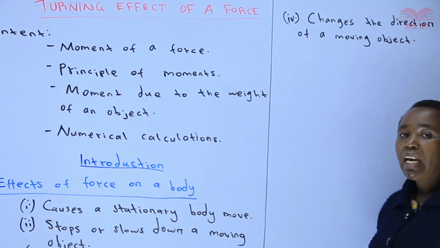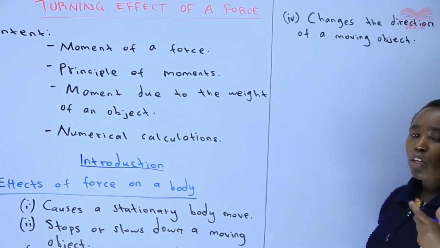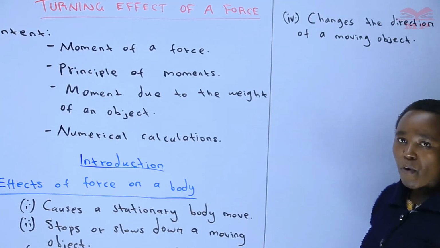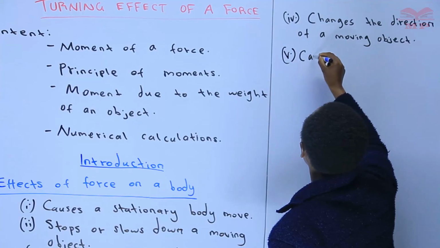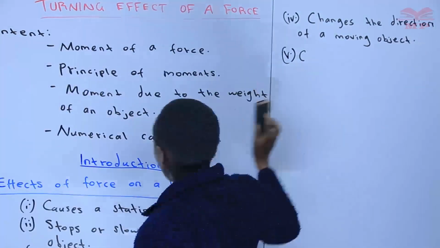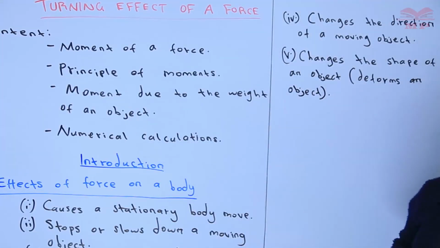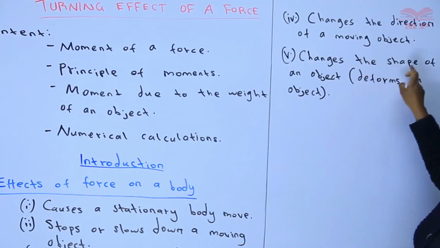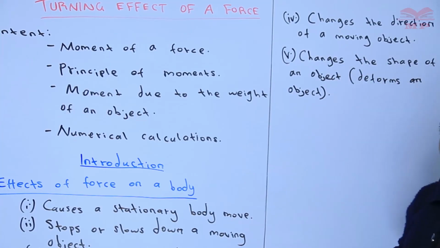So we can say that it changes the shape of an object or it causes what we call deformation. So number 5, it changes the shape of a body. That's another effect of force on a body. It changes the shape of an object or deforms the object.